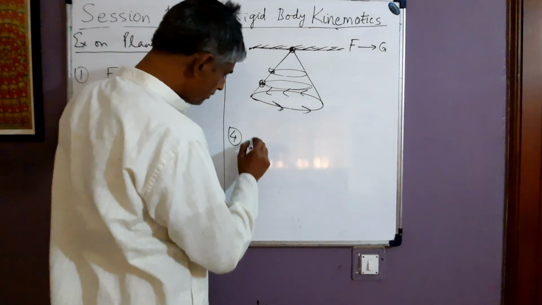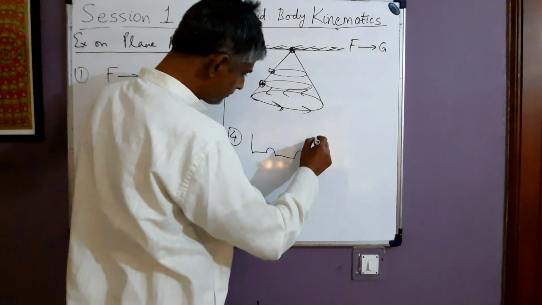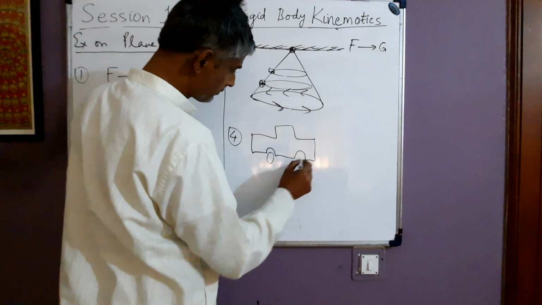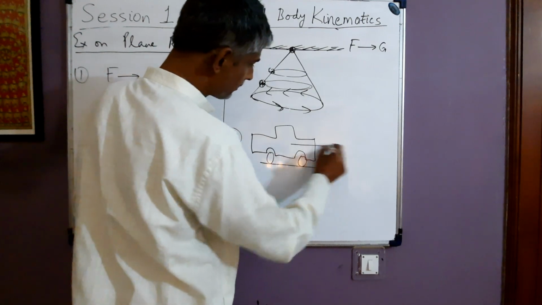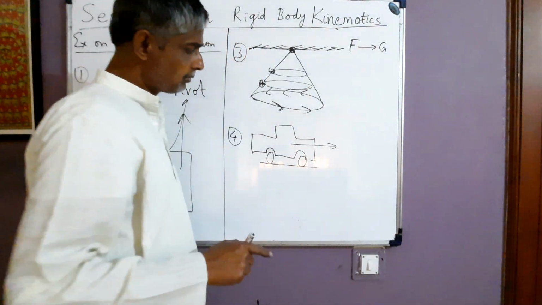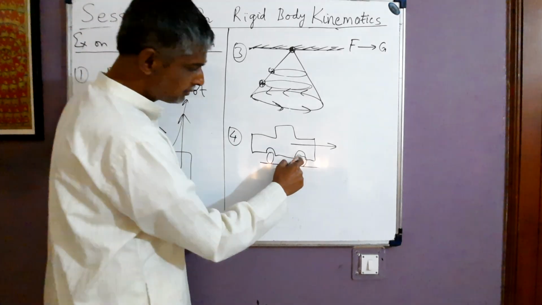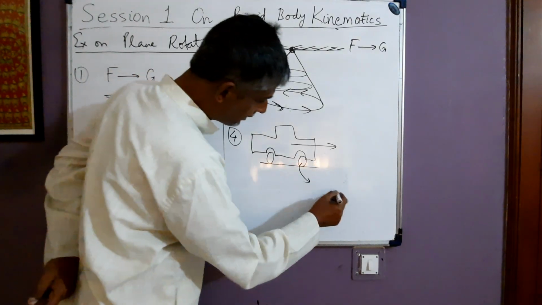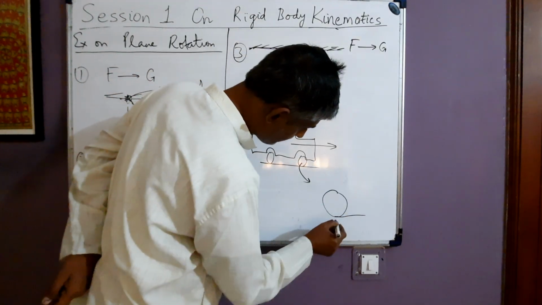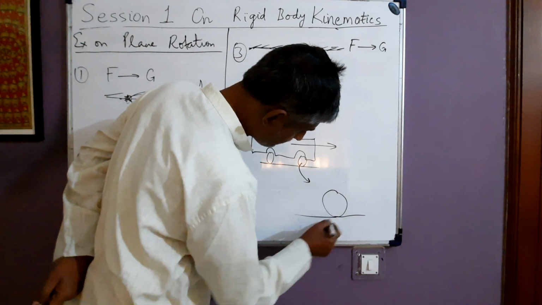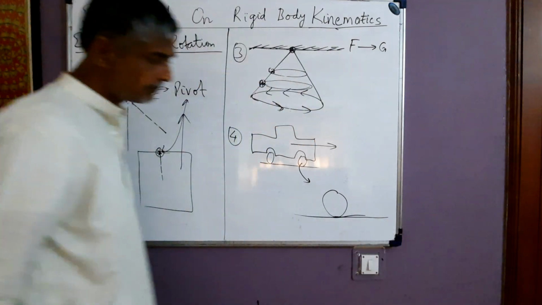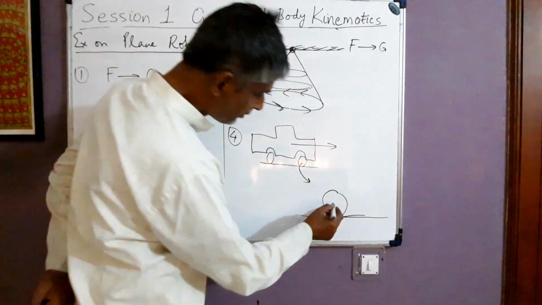Consider a vehicle. See, this vehicle is moving rightward, and this wheel, I'll draw this wheel here, okay? Like this. This is the wheel. This is the center of the wheel.